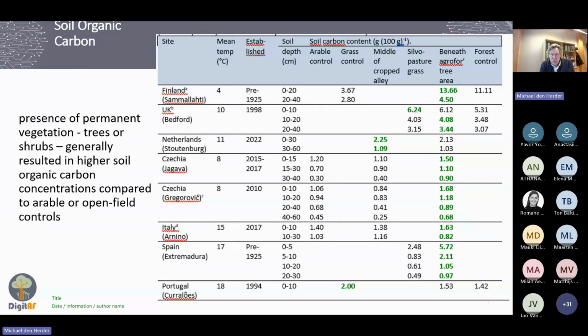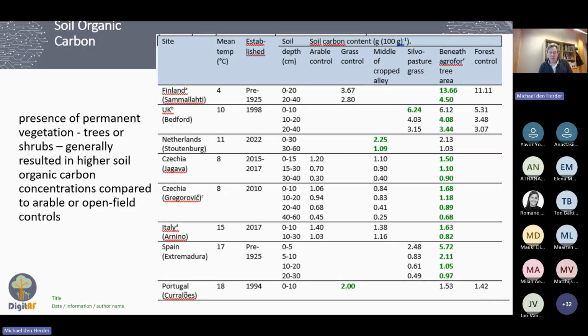Only in Portugal, in the grass control, the soil organic carbon was a bit higher, but there was not so much difference between the open pasture and the wood pasture. But overall, there was quite a positive influence of permanent vegetation like trees and shrubs, and that resulted in higher soil organic carbon content compared to open fields.